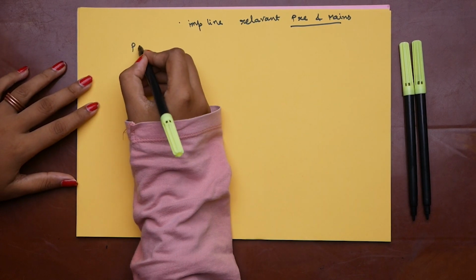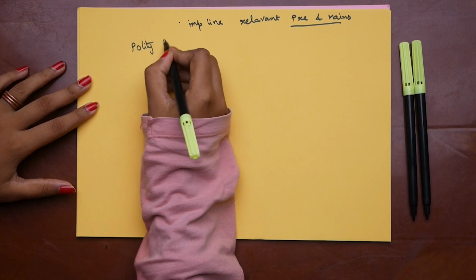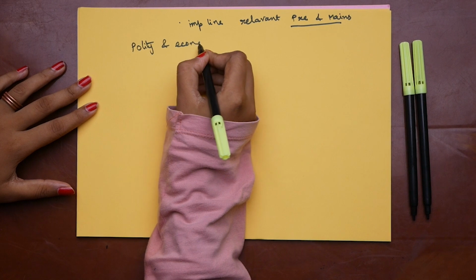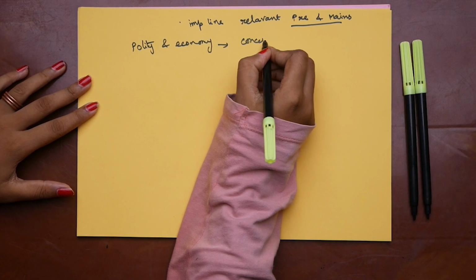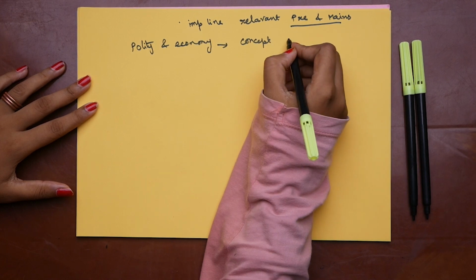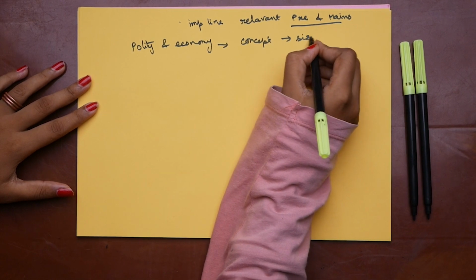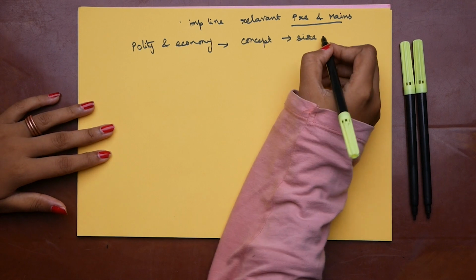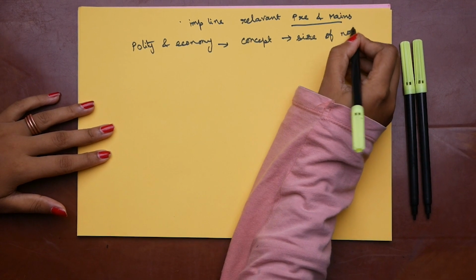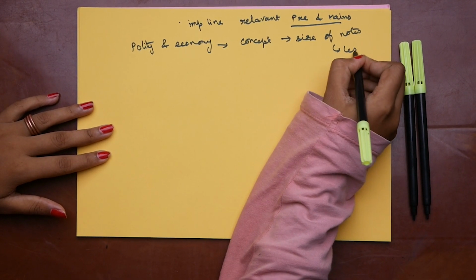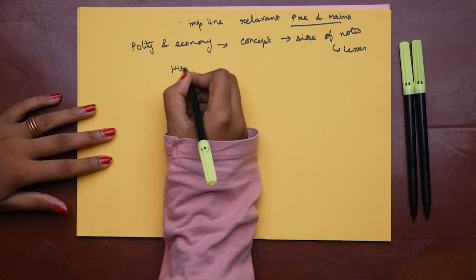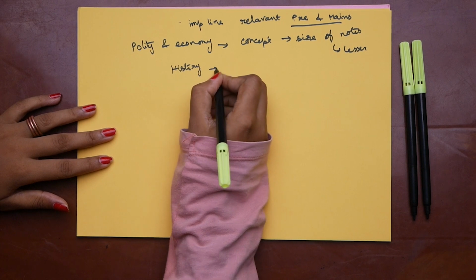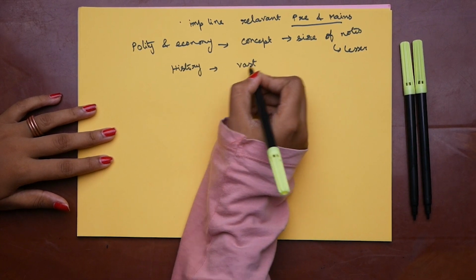In general, polity and economy are mostly based on concepts. So the size of your notes might be lesser compared to other subjects like history. As you know, history is a very vast subject.